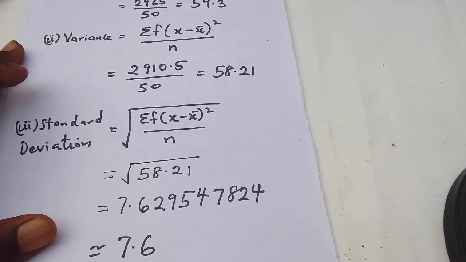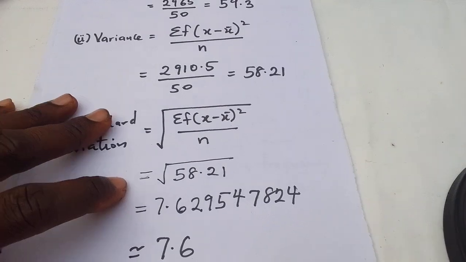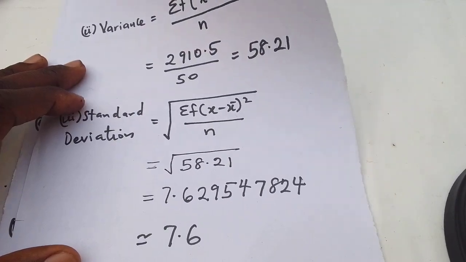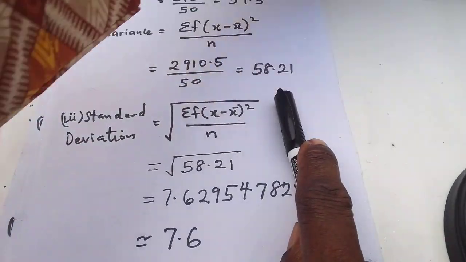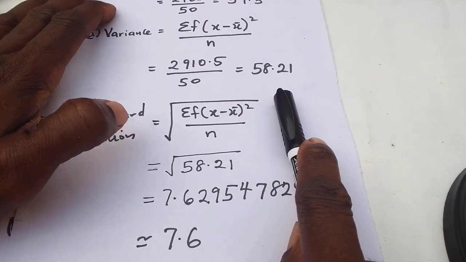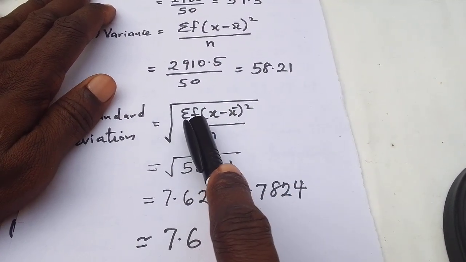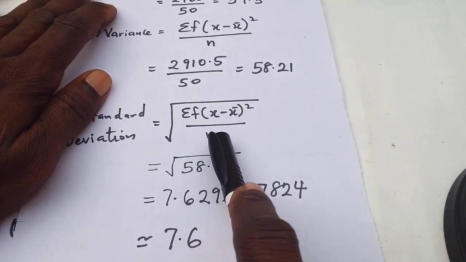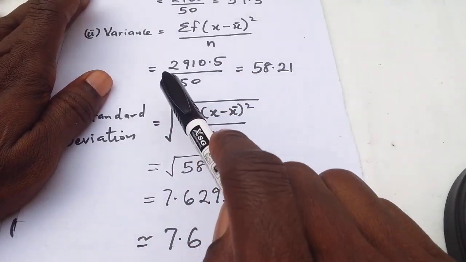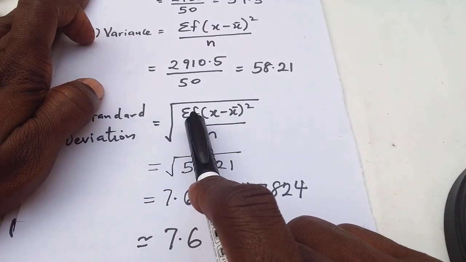To get the standard deviation, the standard deviation is the square root of summation f (x minus the mean) square divided by n. So already we said the standard deviation is the square root of the variance.